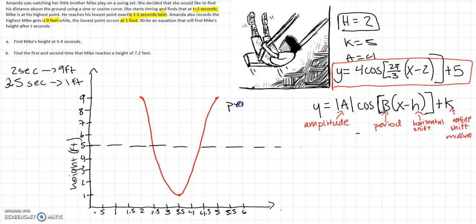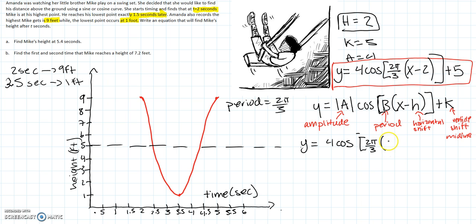So the period here equals 2 pi over 3 and the x is our time in seconds. So you put y equals 4 cosine, brackets 2 pi over 3, parentheses 5.4 minus 2, plus 5.